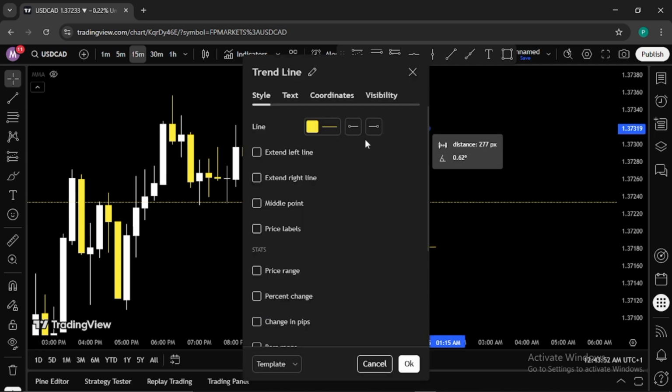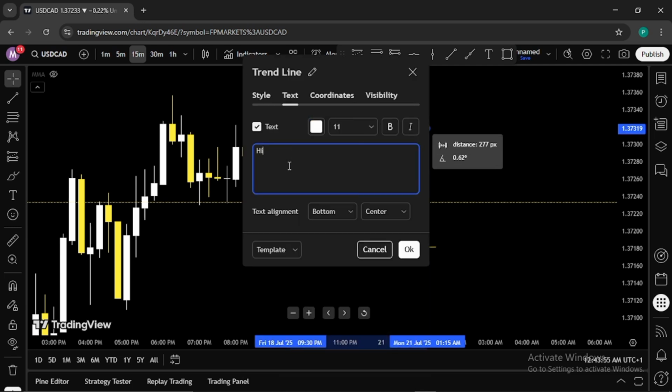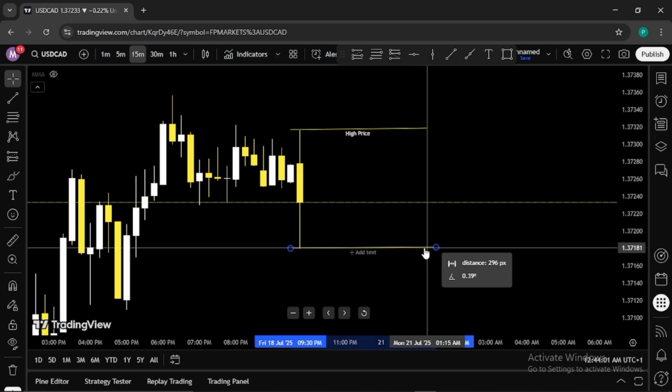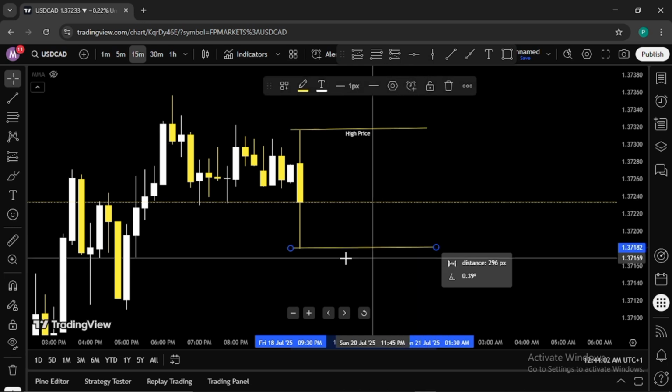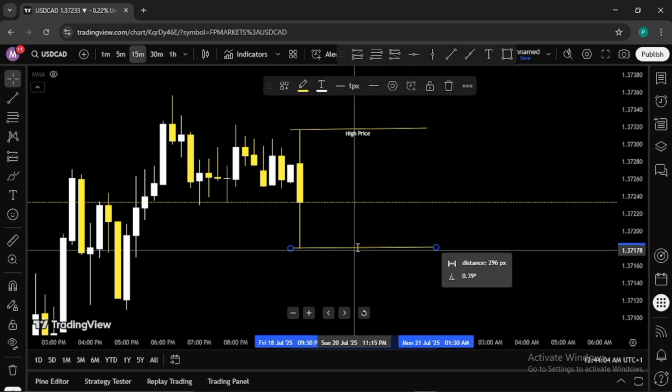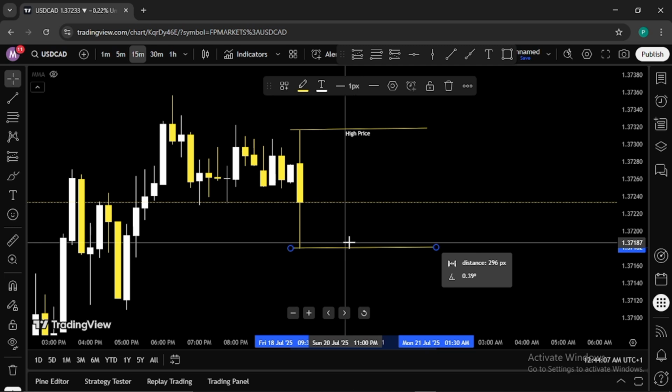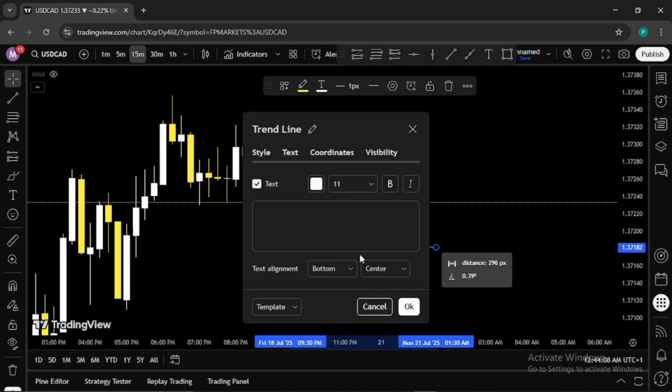For a bullish candle, let me just put this in here. This is the high price, and then this is the low price. For the bearish candle, we are going to look at the open and the close. This is the lowest price for the bearish candle.